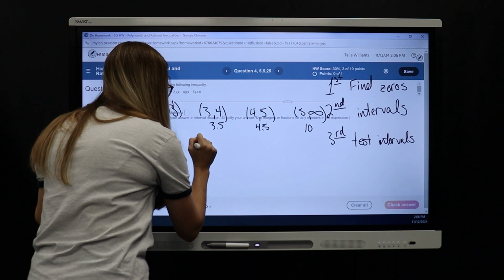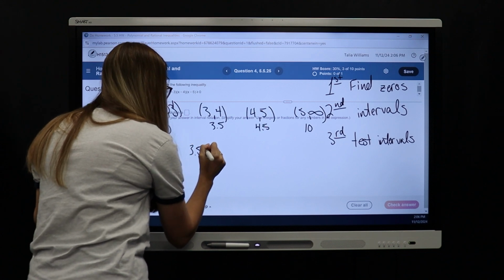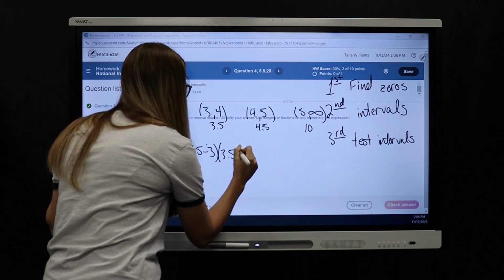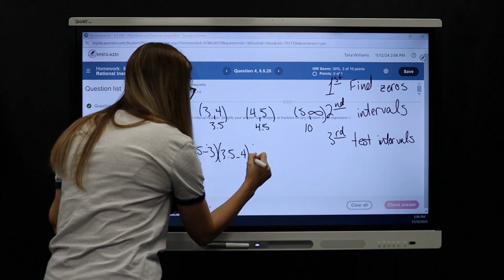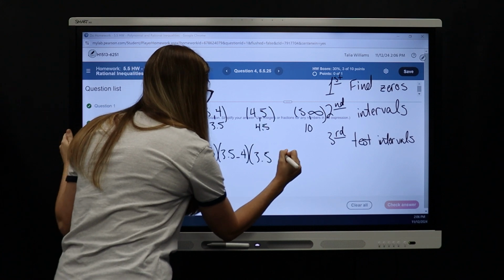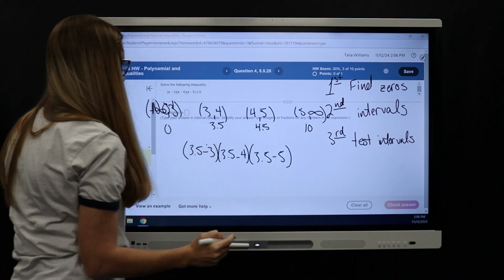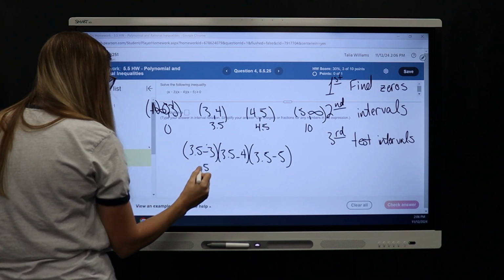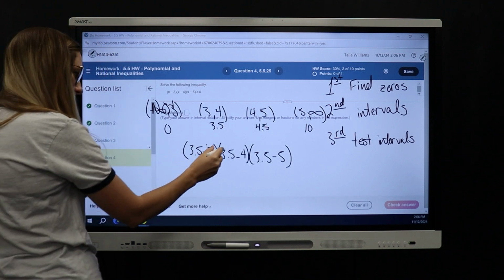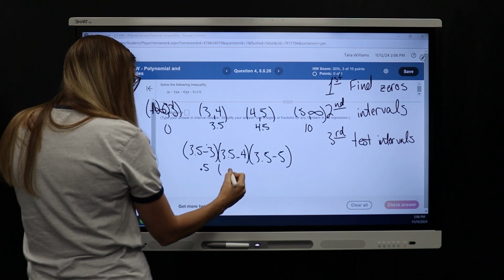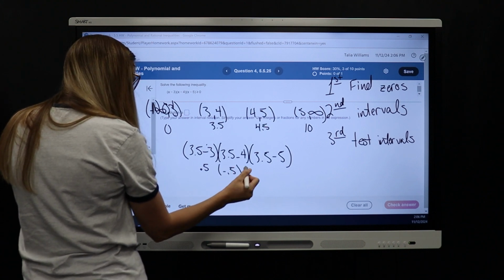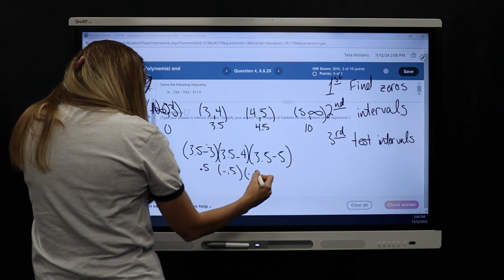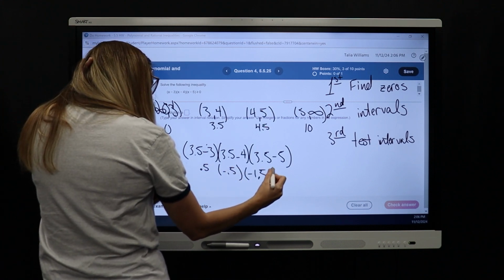3.5, so I'm going to do 3.5 minus 3, 3.5 minus 4, 3.5 minus 5. So 3.5 subtract 3 would be 0.5. 3.5 subtract 4 is going to be negative 0.5. 3.5 subtract 5 would be negative 1.5.